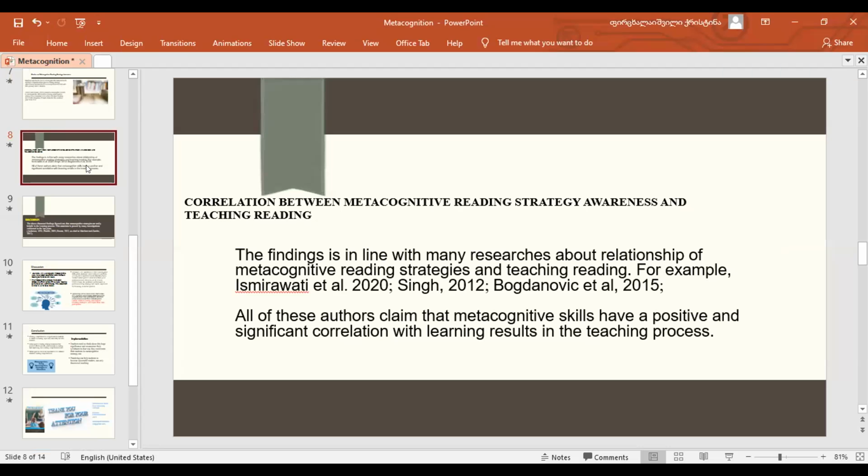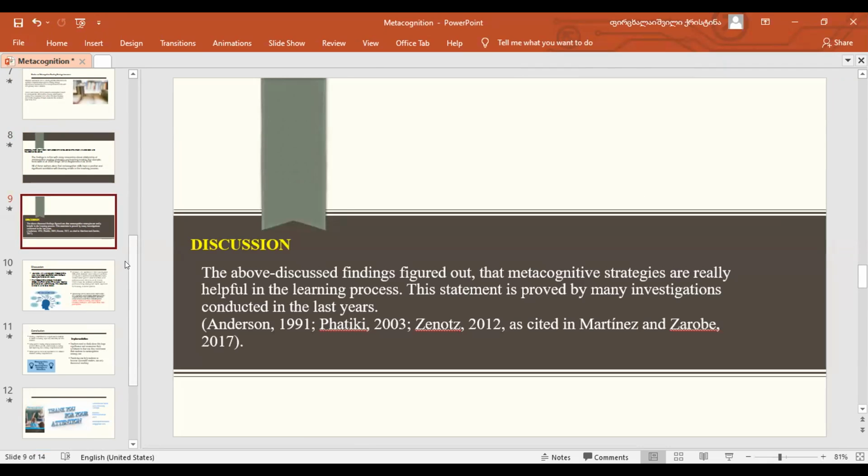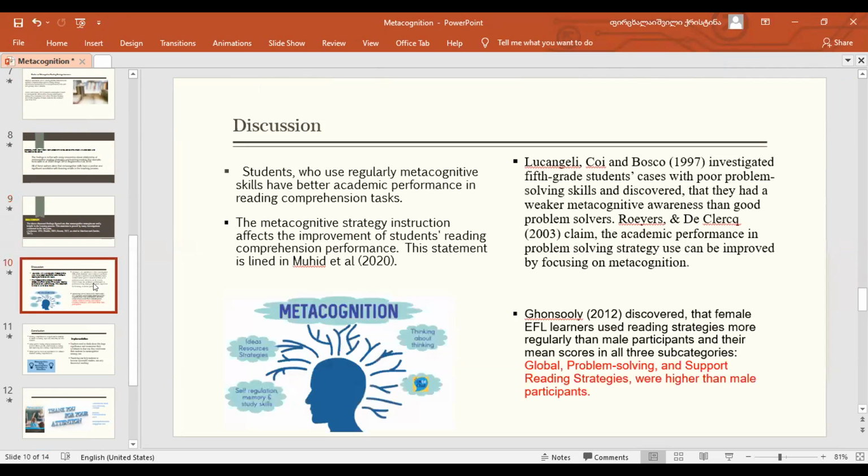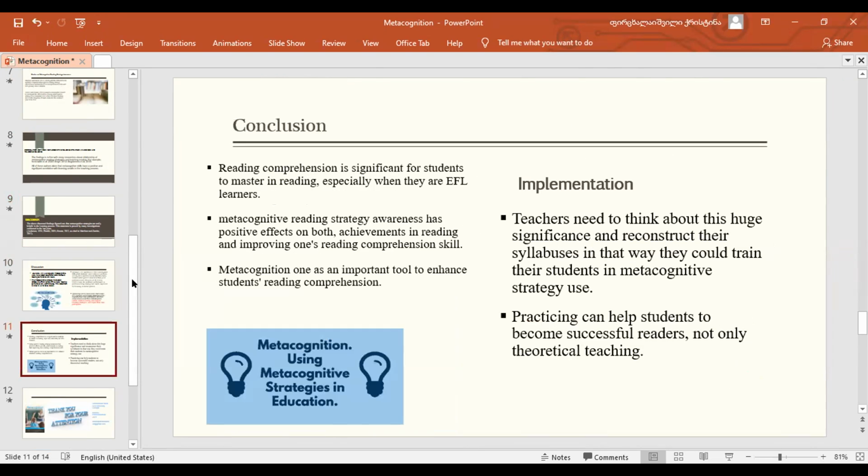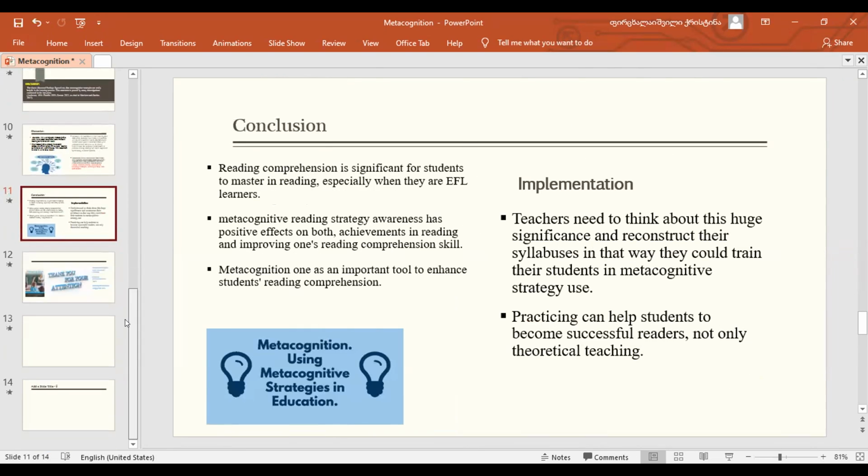Okay, I'll try. Some scientists' works are in line with my findings, my discussion. I have a discussion part here, which also proves that metacognitive strategies are teachable, especially from the earlier period and implementations.